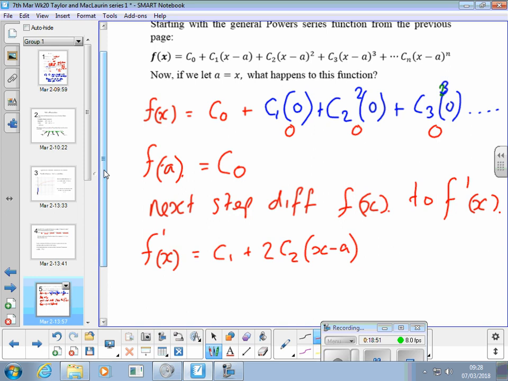So that square comes down in front of c2. You get plus 3 c3 times (x minus a) squared.